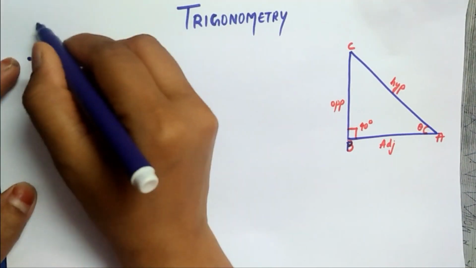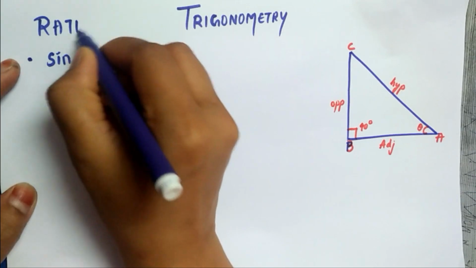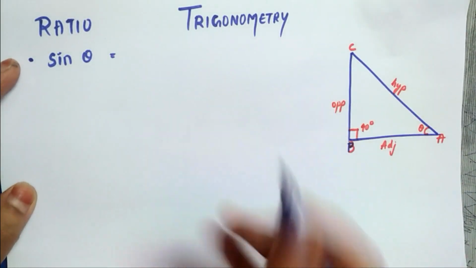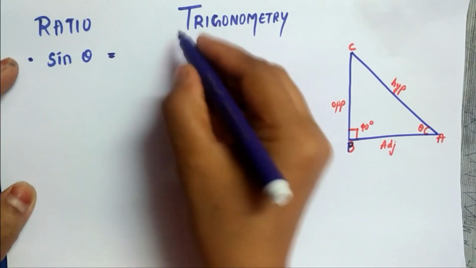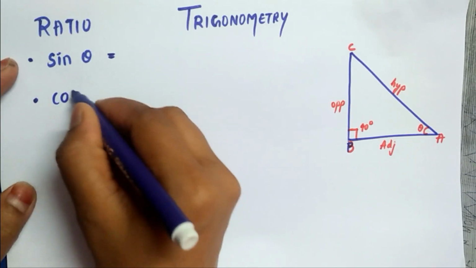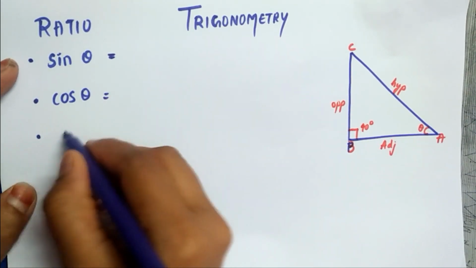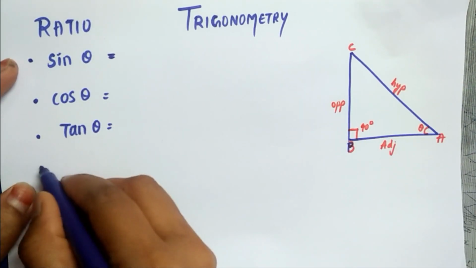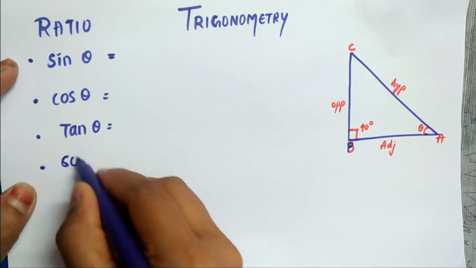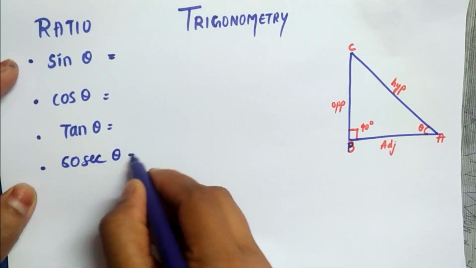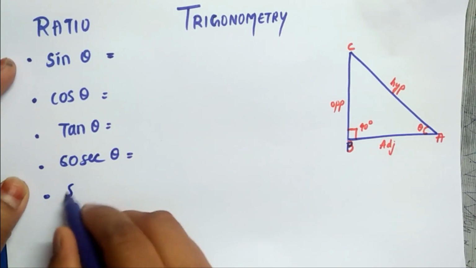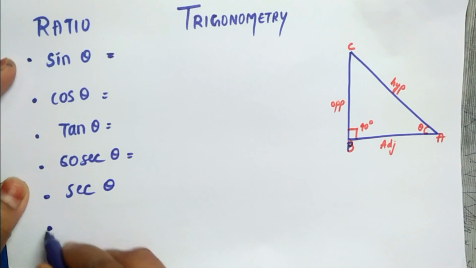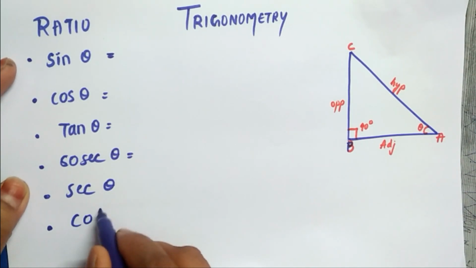This is one of the ratios, the ratios of the sides, you can say simply. Sine theta and cos theta, we have 6 ratios: tan theta, cosecant theta, secant theta, and cot theta.